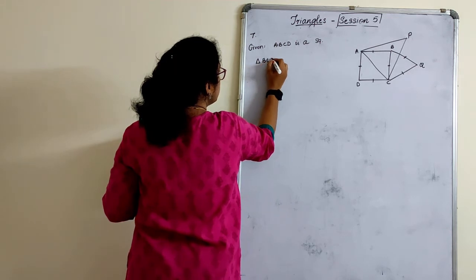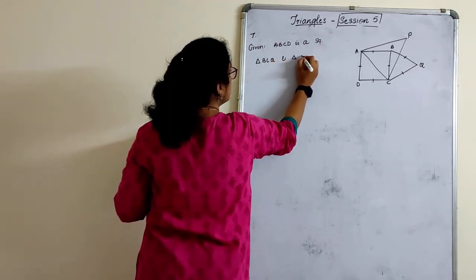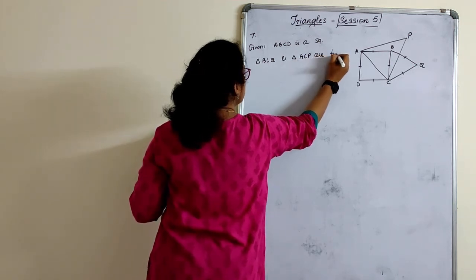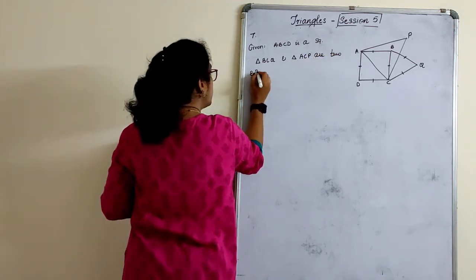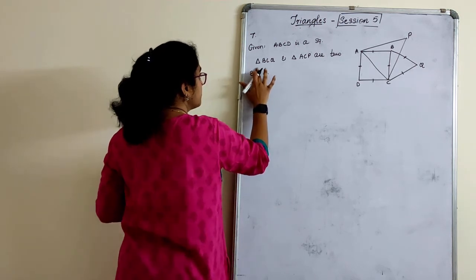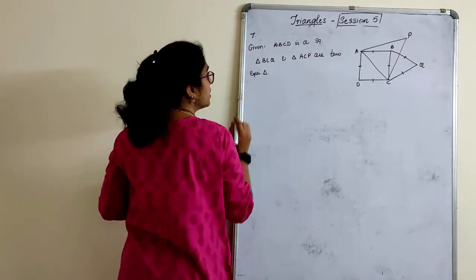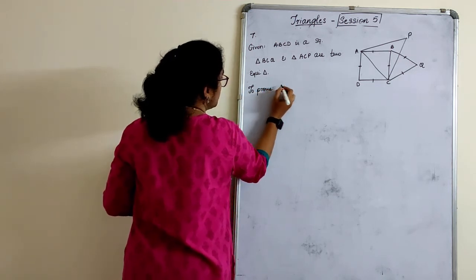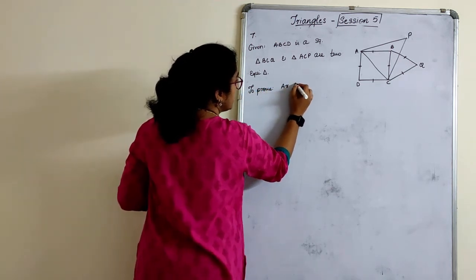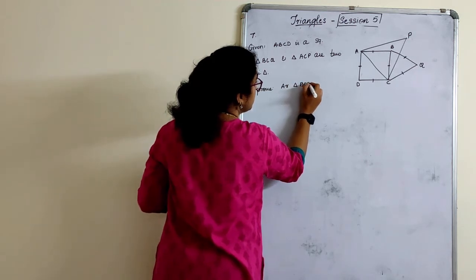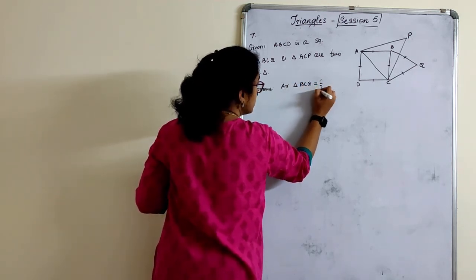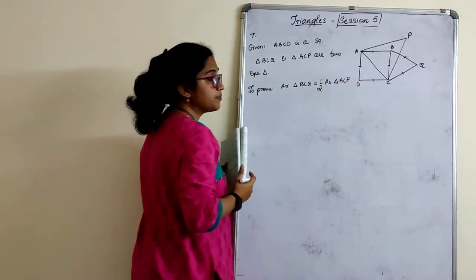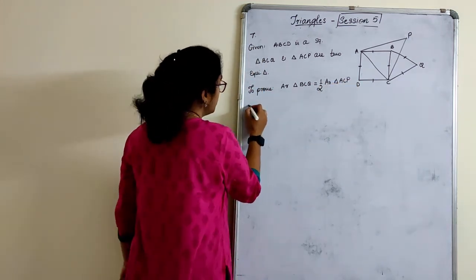Triangle BCQ and triangle ACP are two equilateral triangles. Okay. What we have to prove? We have to prove that area of triangle BCQ is half the area of triangle ACP. That is what we have to prove.